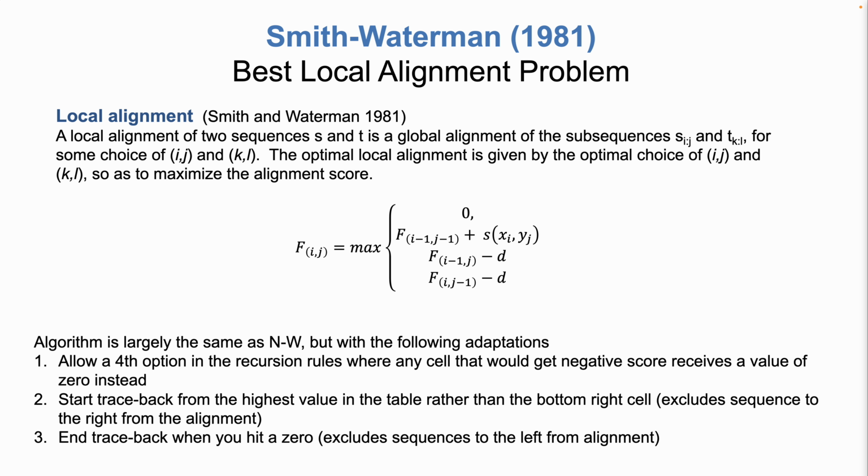This was solved by Smith and Waterman, who basically said if you drop below some threshold, you just score it as 0 and start over. That's it in a nutshell. So it added this fourth option to the recursion rule: if you go negative in terms of your score, just stop trying to align and start over in a new spot.